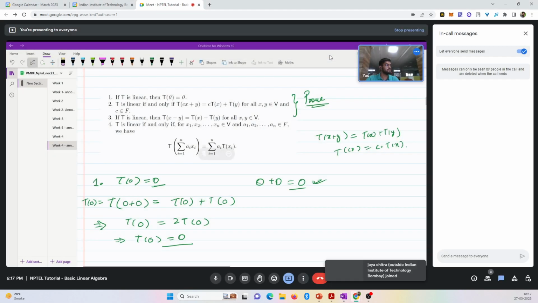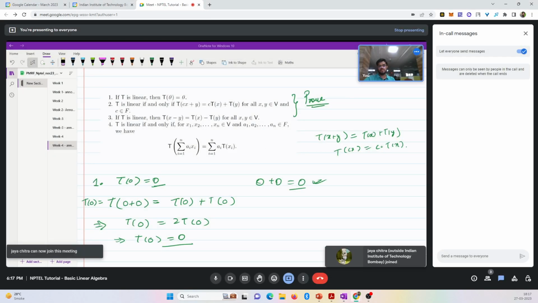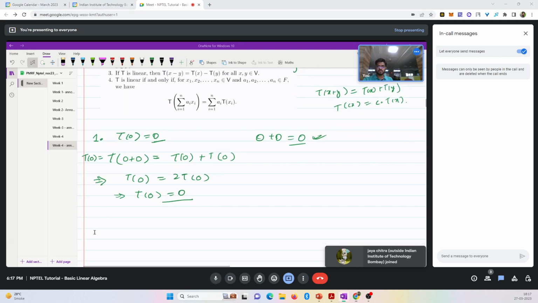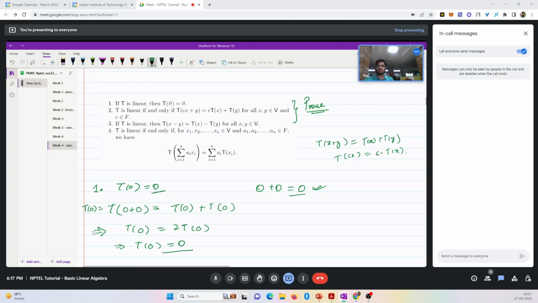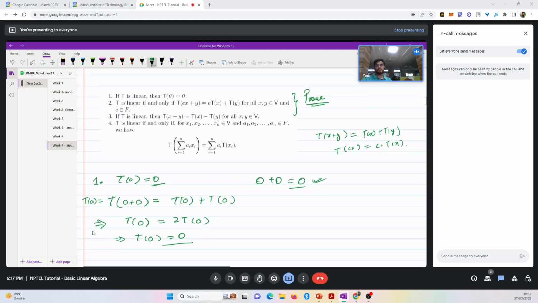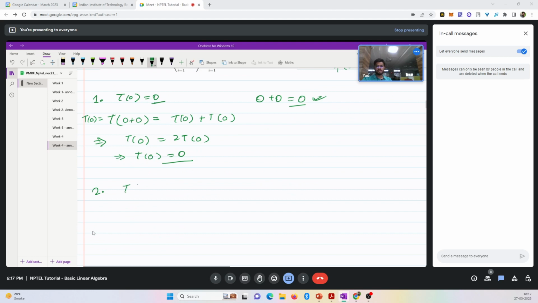Now, if you look at some more properties of linear transformation. The second property says that if your T is linear, then T of cx plus y is equal to c into T of x plus T of y. This is quite simple, right?